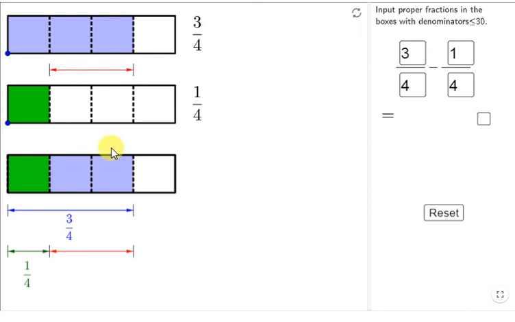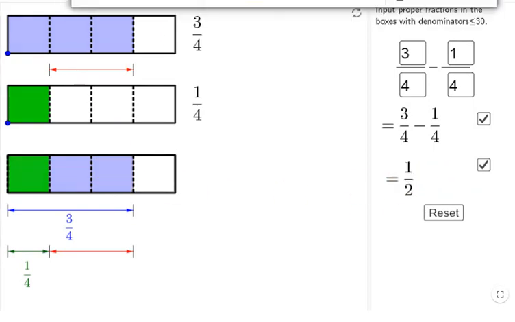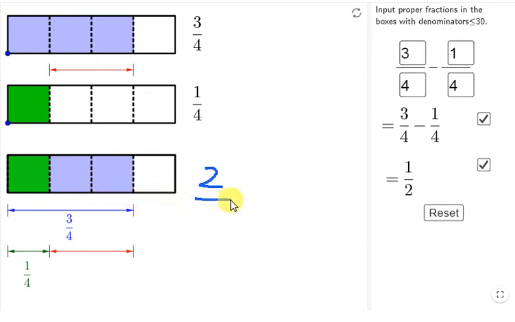How will you represent this blue part as a fraction? Easily you can say that this is 1/2. Well, actually this is not 1/2, because you have two shaded parts, so it is 2 out of 4 equal parts. So 3/4 minus 1/4 equals 2/4.